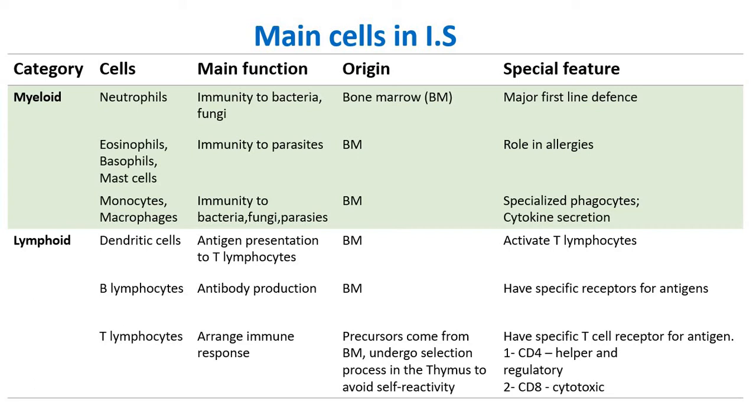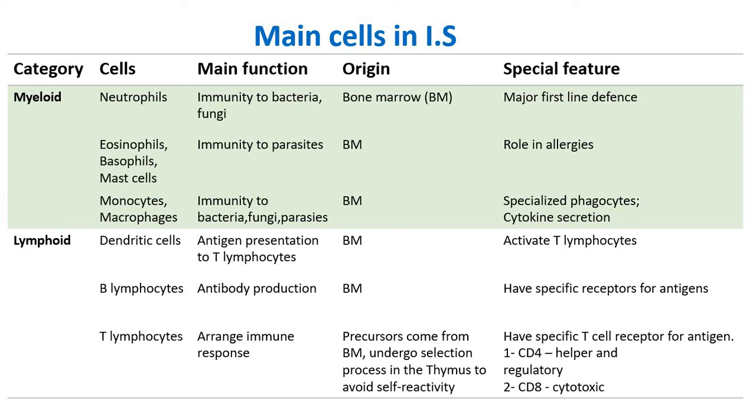Eosinophils, basophils, and mast cells together provide immunity against parasites. All three cell types originate from bone marrow, and they have a specific role in allergic reactions too. Monocytes and macrophages provide immunity to bacteria, fungi, and parasites.